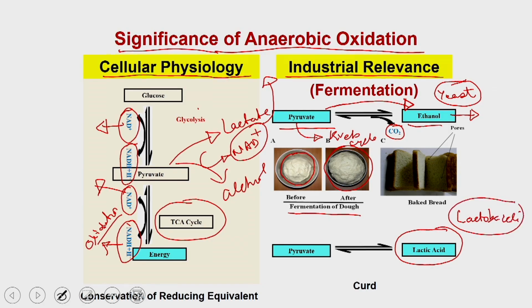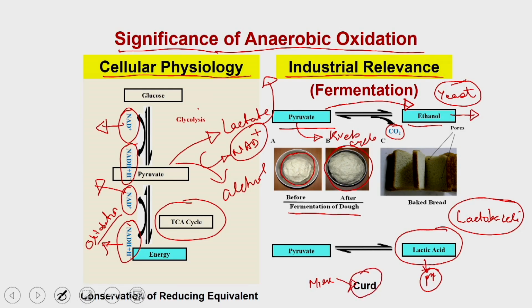In the case of lactobacilli, you are converting the pyruvate to lactic acid, and lactic acid is reducing the pH of the media, and because of that it converts the milk to curd, and that is how the lactic acid bacteria or lactobacilli have a relevance in the production of curd.